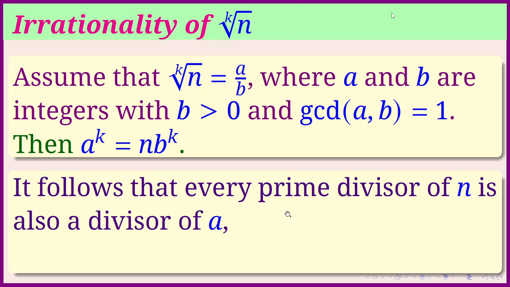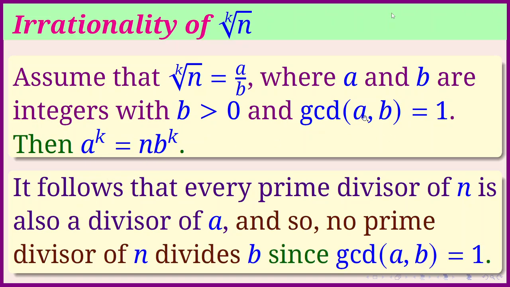It follows that every prime divisor of n is also a divisor of a, because that prime divisor will divide the right hand side, so it will divide the left hand side, and being a prime it will divide a. And since a and b are relatively prime, that prime divisor will not divide b, and so no prime divisor of n divides b, since GCD of a and b is 1.